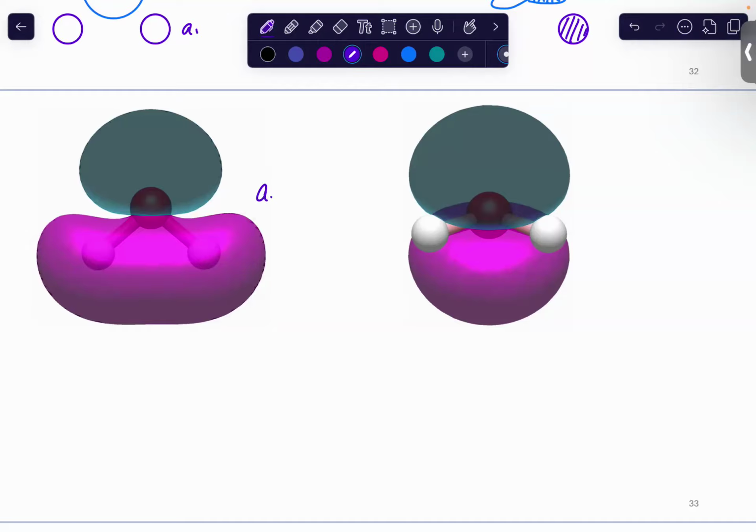The A1. And here's the thing. This is going to have to be A1 because it's a combination of A1s. But you can go back through, you can see that the C2 gives me a 1, the E gives me a 1, and both sigmas are going to give me a 1. So this is an A1 orbital, so we know it has to be the A1s that mix.